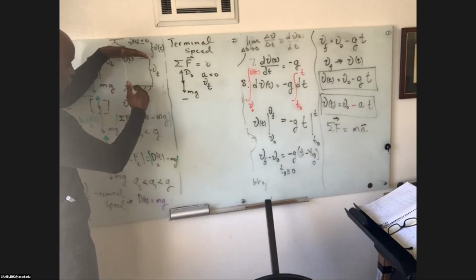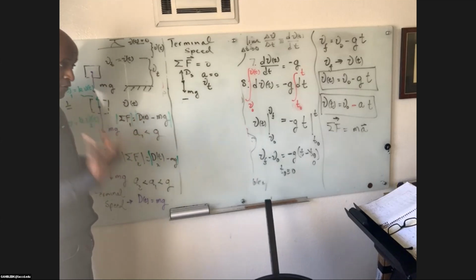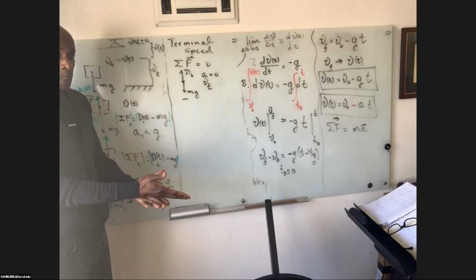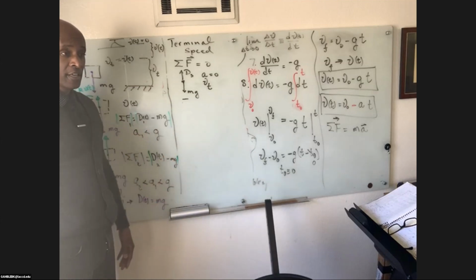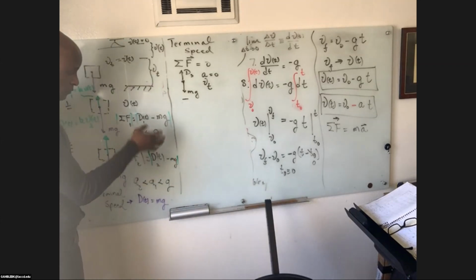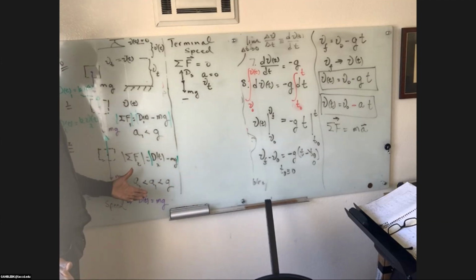When I enter this regime, I have a constant speed in a straight line, and I'm just going to continue doing that unless a net non-zero force acts on me. And as long as the drag force D equals mg, the net force is going to stay zero, and I'll continue along with that motion.